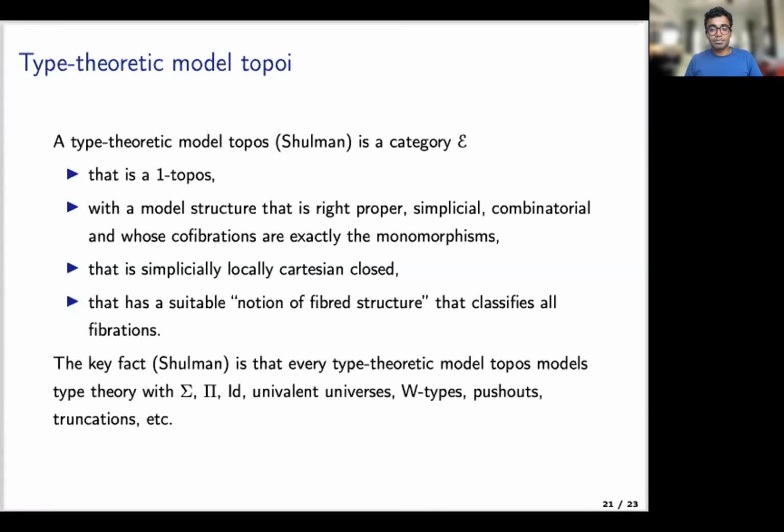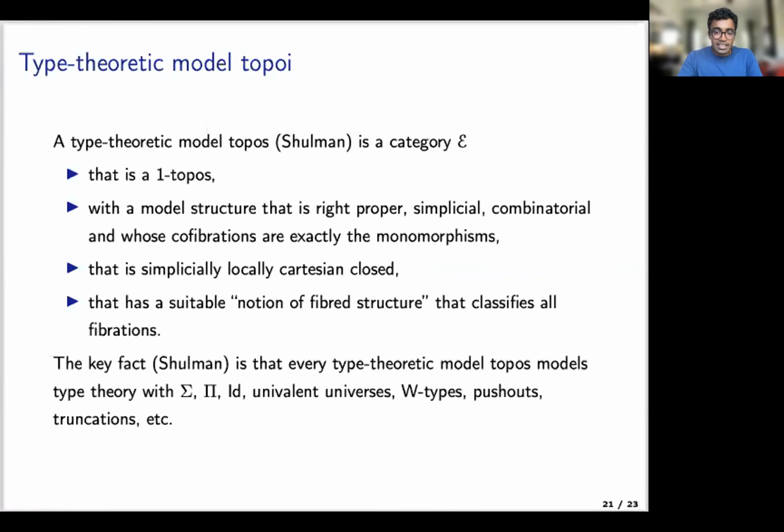But it always allows us to obtain at the end a map in the one category E that is a universe in that category and classifies all fibrations. But we obtain that universe from a notion of fibered structure.